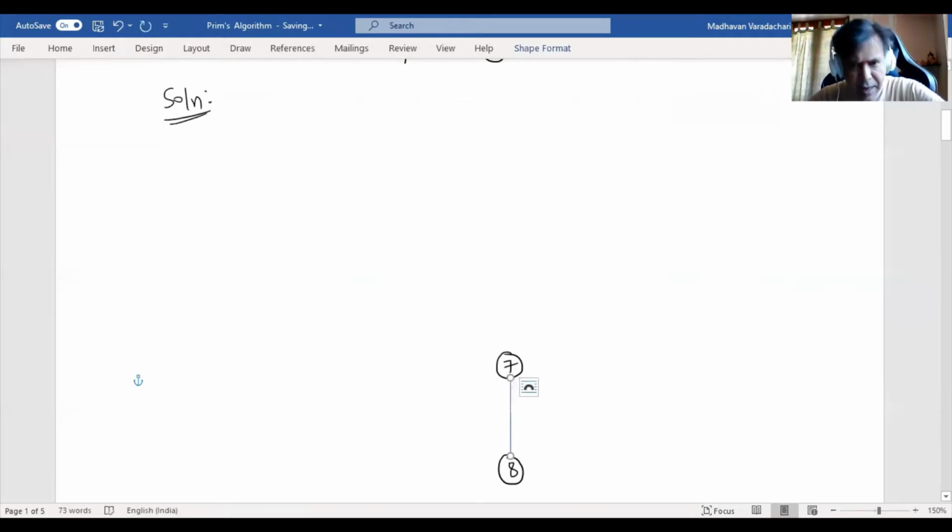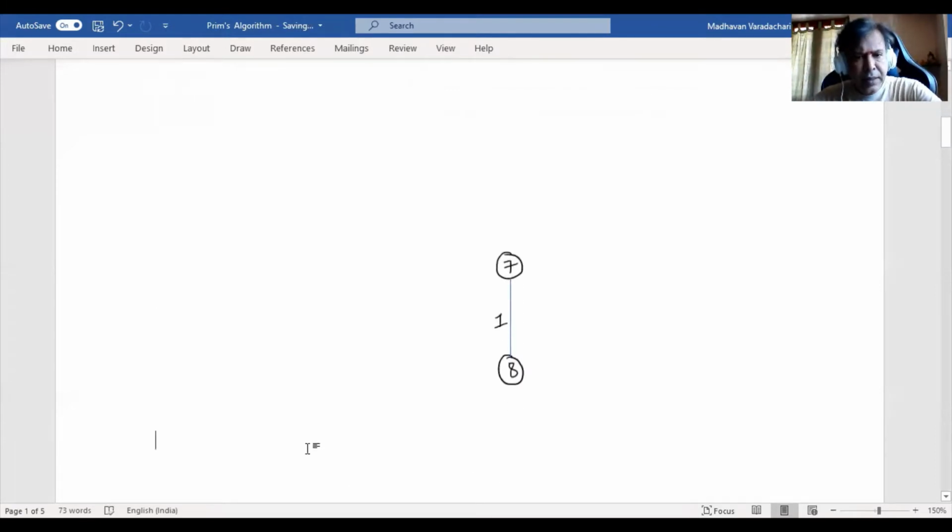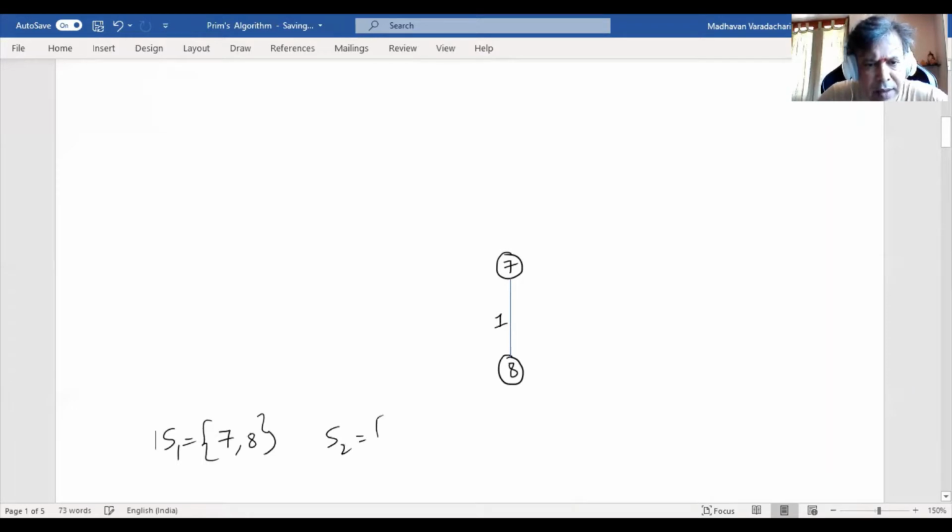And the distance from 7 to 8 is 1. After drawing this, we'll create two sets. One set, S1, will have these two vertices which we have already drawn, that is 7 and 8. And the other set will have the rest of the vertices.